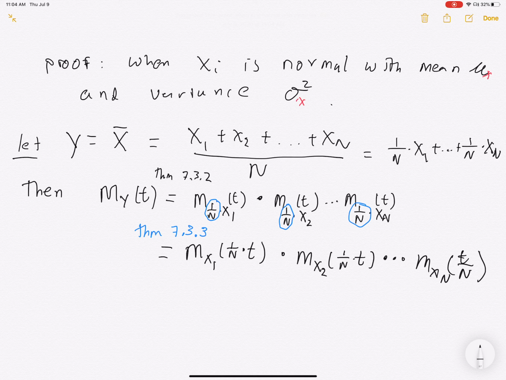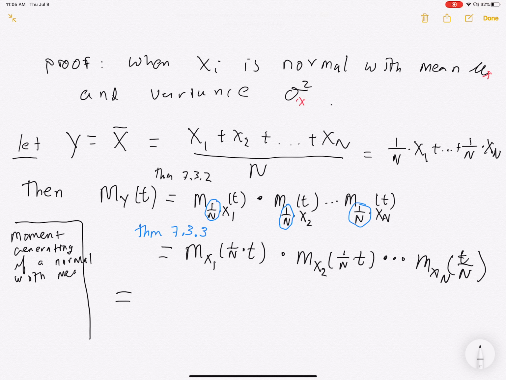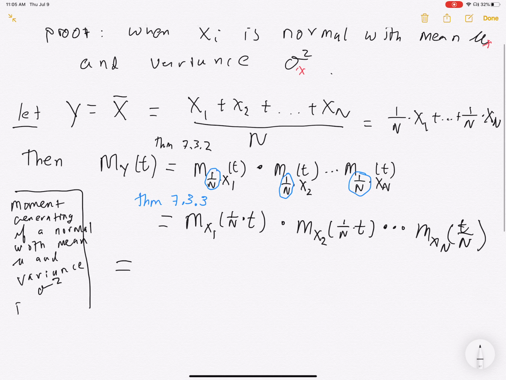And thus, by Theorem 7.3.3, then the moment generating function of a normal with mean mu and variance sigma squared is going to be e to the mu t plus sigma squared times t squared over 2.